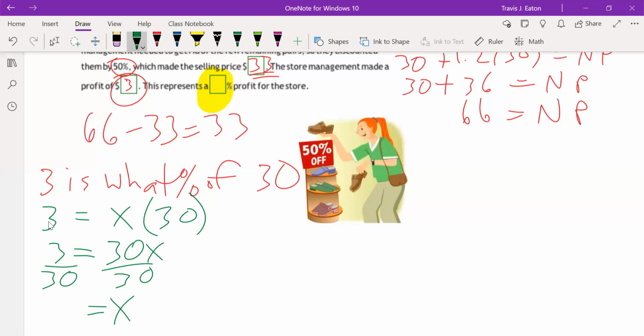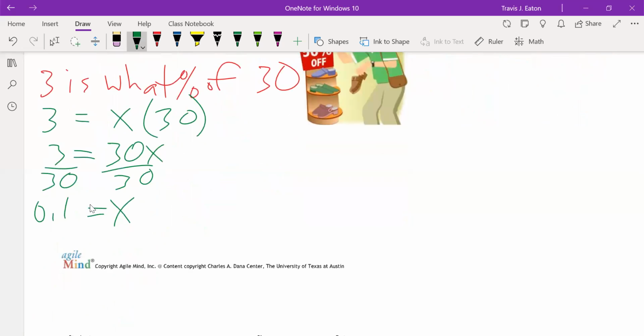So 3 divided by 30 is 0.1. But 0.1 isn't a percent, right? That's the decimal. So we have to multiply that by 100, which means that would move our decimal 2 places. We would fill that in. And so x would be 10%.